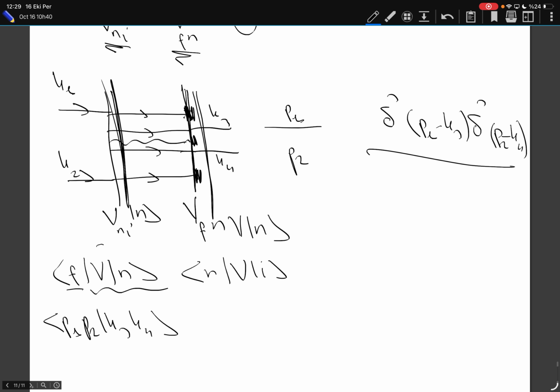Here, I'm not writing momentum conservation, by the way. It's not momentum conservation. I'm just saying that if at this stage I have one particle with momentum K3, another particle with momentum K4, one of these Ks should be P1, the other one should be P2, or else the matrix element is 0.